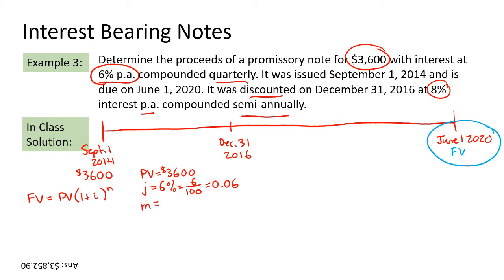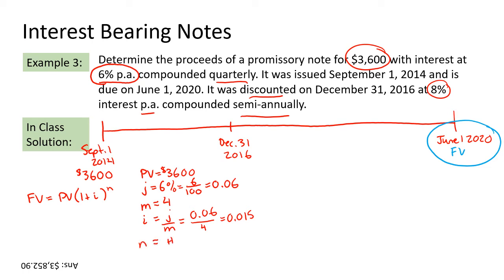So our number of compounding periods per year, since it's quarterly, must be 4. So now we can solve for our periodic interest rate, I, which is equal to J divided by M, which is 0.06 divided by 4, which is equal to 0.015.